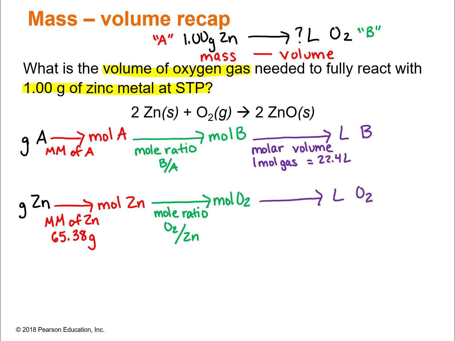Then we want to get to liters of oxygen gas using molar volume. And I'll show you again which unit factor we use for that. Let's put the whole equation together.